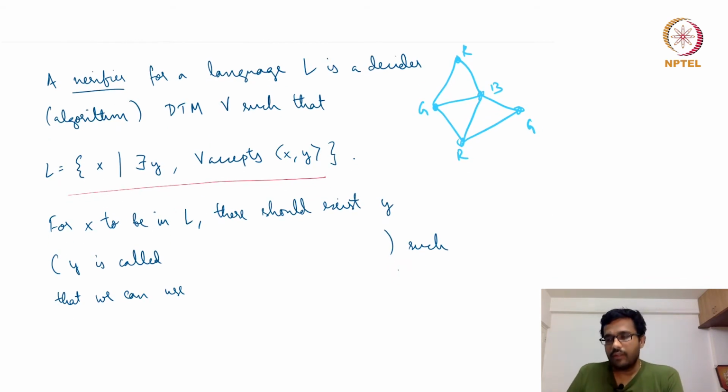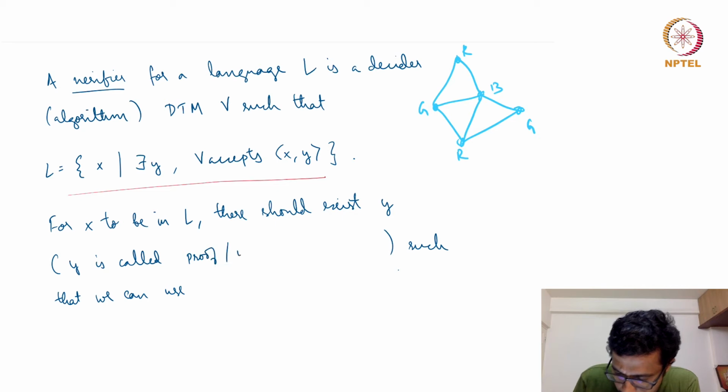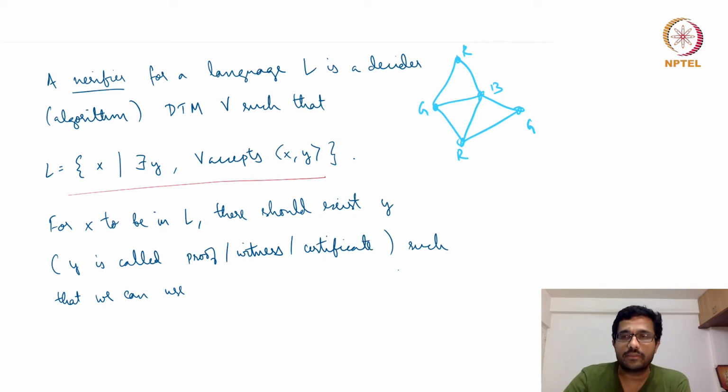So whenever X is in L, there should exist a Y. Y is the information that we need to supply to the verifier, right? And sometimes it's called proof, sometimes it's called witness, sometimes it's called certificate. Now I want to say that this graph is 3 colorable.